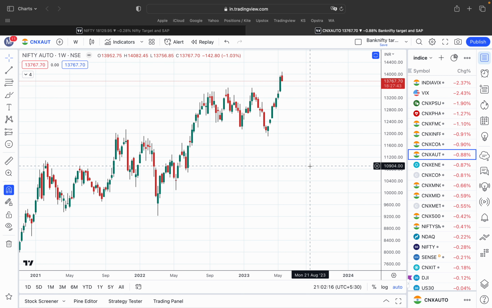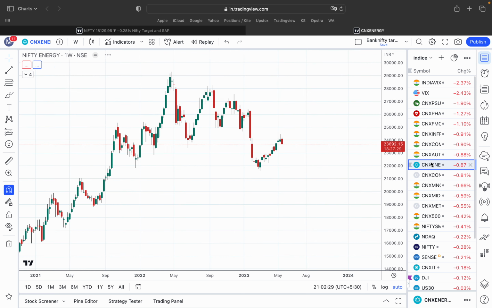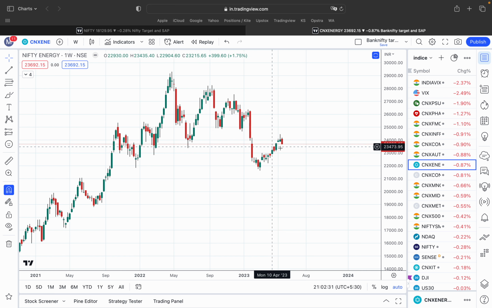So these are the sectors. Again, I would repeat that we need to focus on them if we are expecting some more correction in the coming days. PSU banks, auto sector, even the energy sector looks like it is in the formation of a lower high on the weekly chart.